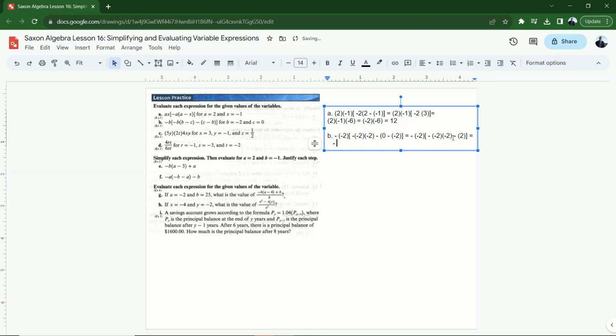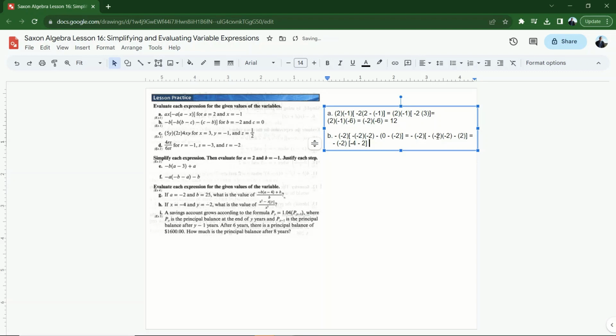Negative times -2. And then in brackets, I'm going to multiply my negative times -2. That becomes positive 2, because I changed it to the opposite, right? Positive 2 times -2 becomes -4. And then I still have a minus 2 in the brackets there.